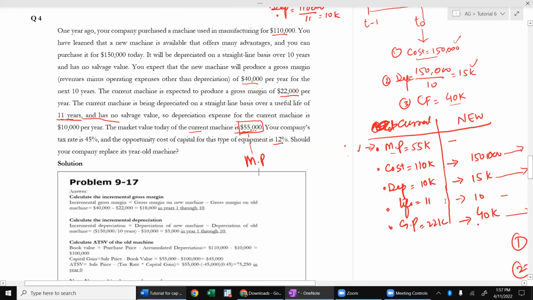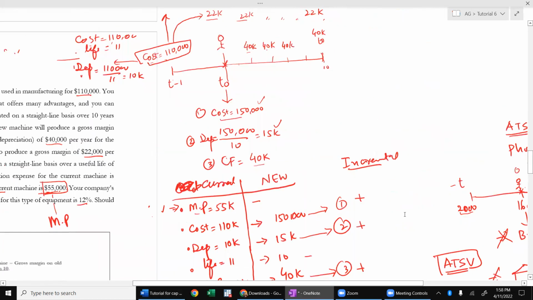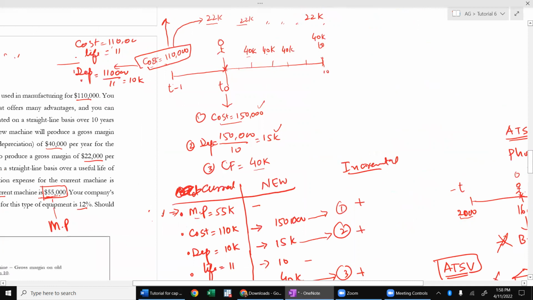Now may I ask you, without just looking at the answer, what would be the book value of the current machine? Anyone? The current machine was bought for 110,000, life was 11, and depreciation is 10,000. So how much is the book value after 1 year?